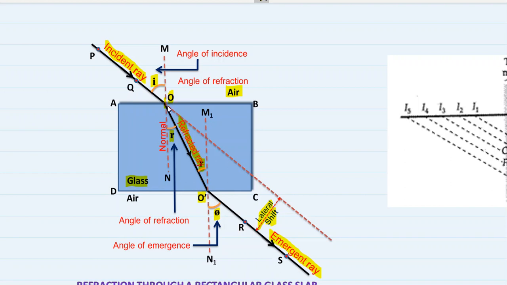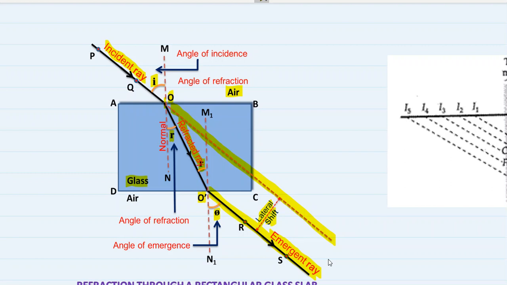If you see the path of the incident ray and the path of the emergent ray, they are absolutely parallel to each other. So the ray of light has not overall bent, but it has laterally shifted. Laterally shifted means it has shifted from its position parallelly.